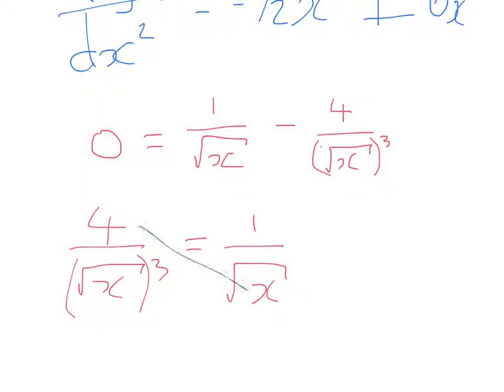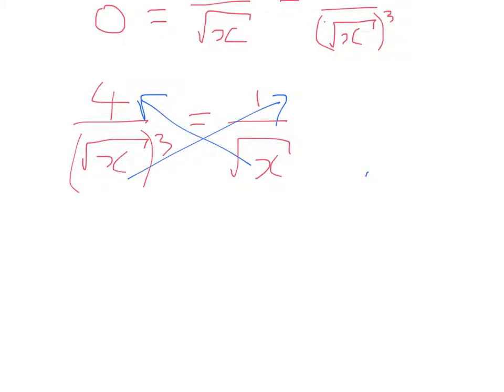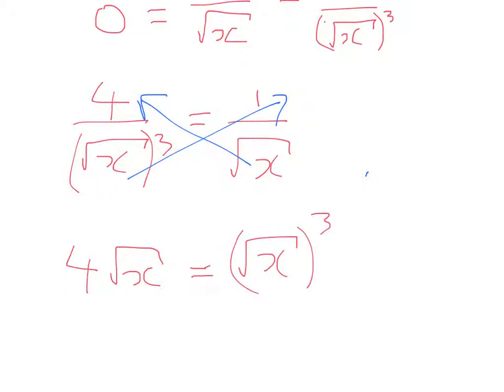Let's cross multiply, let's move that up there, let's move that up there. And what we have then is 4 root x equals root x cubed. Of course, this really isn't easy to solve. Let's square both sides. So I'm going to square this, and I'm going to square this.